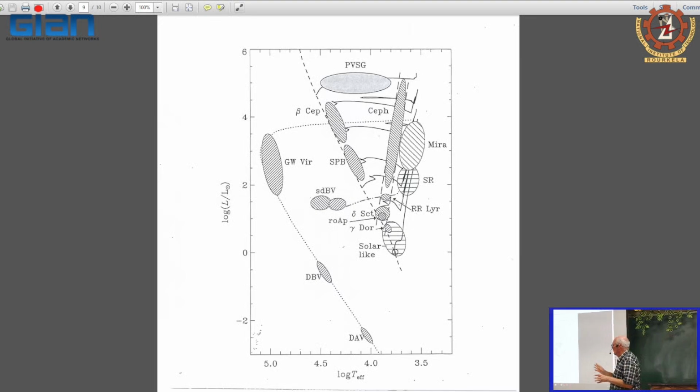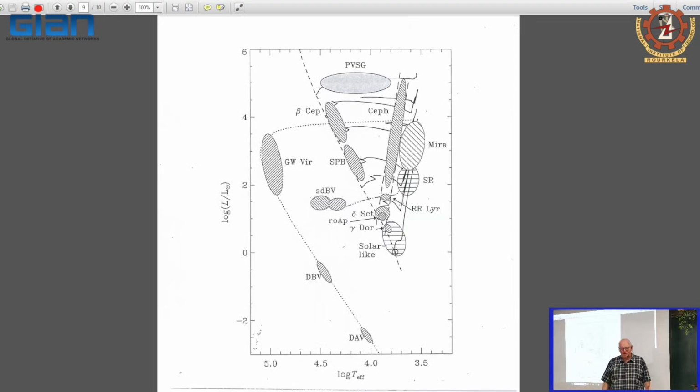Actually, I already told you the story about beta Cepheid stars. Before people had calculated correctly the heavy element opacities, there was no model or explanation for the pulsation of beta Cepheid stars, and people invented exotic models including rotation, magnetic fields, and so on to get these beta Cepheid stars pulsating.